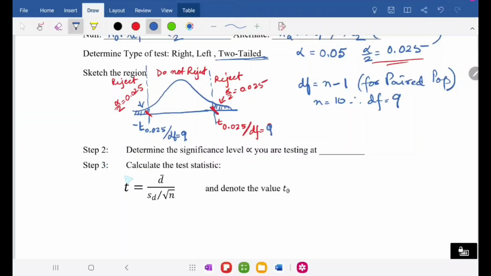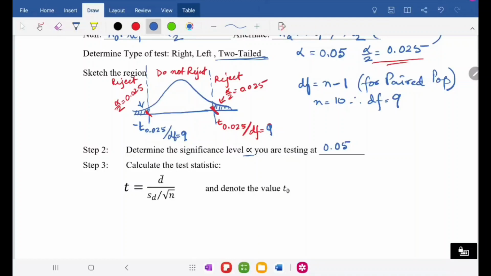But let's move on. Step 2 is about identifying alpha, which is at 0.05. If they're asking you for the alpha value, it better be in decimals. Please do not write alpha equals 5%. The significance level is 5%, but when you are asked for alpha, it better be in decimal, because alpha represents area under the curve, and the area under the curve is a value between 0 and 1.